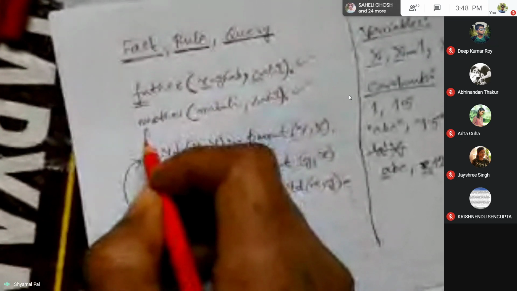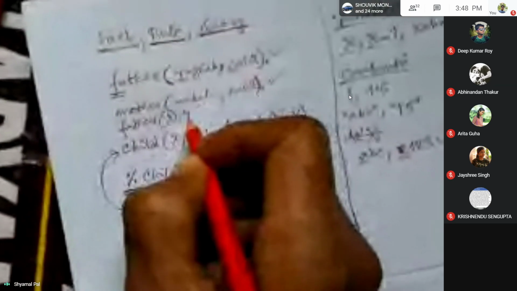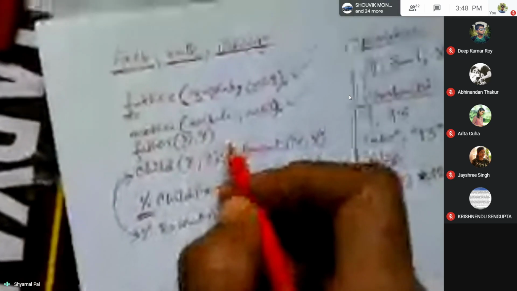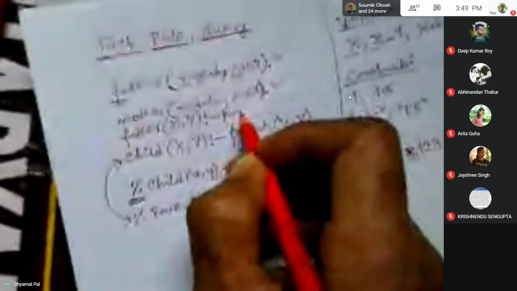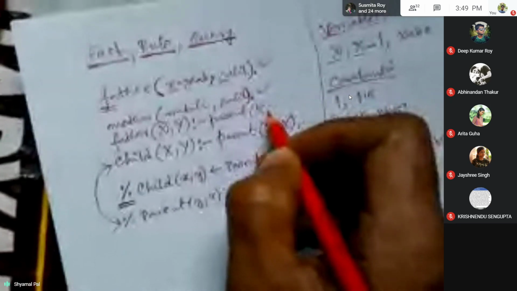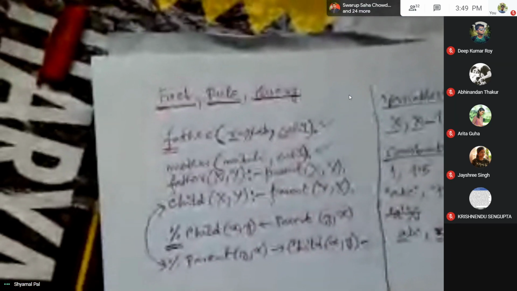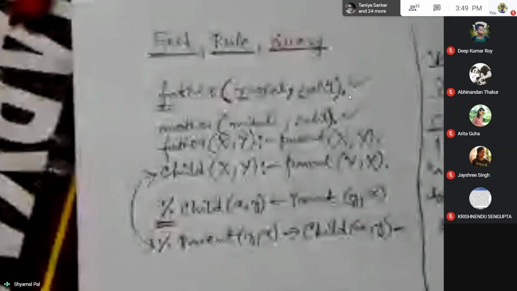So I may write further X comma Y, that is, if X is father of Y, then X must be parent of Y. Agree or not?